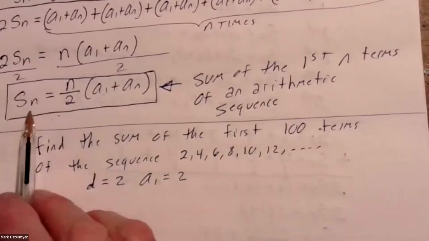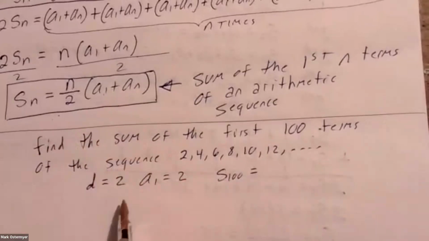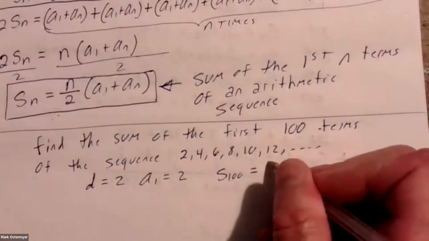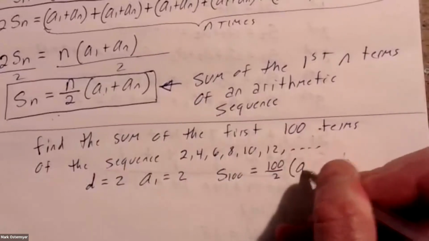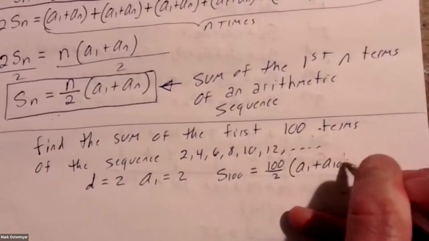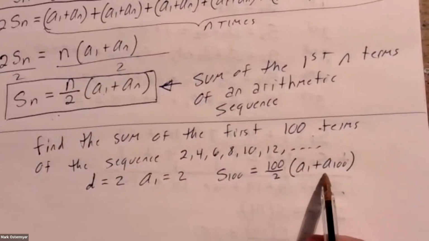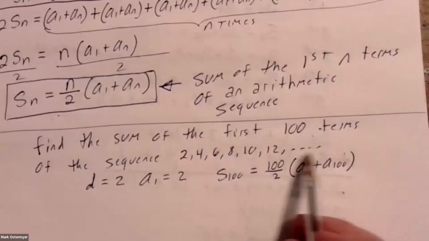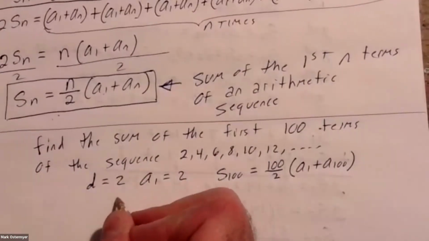In order to find the sum of the first 100 terms, we use our sum formula we developed above. It's going to be equal to 100 divided by 2 times your first term plus your 100th term. Now we know our first term, but we don't know our 100th term. So to find it, we're going to use our nth rule.